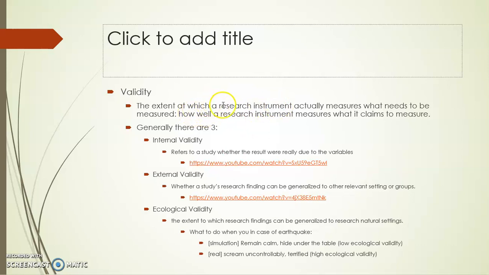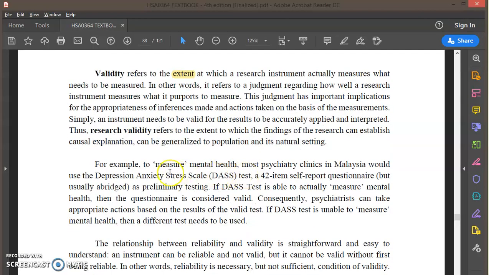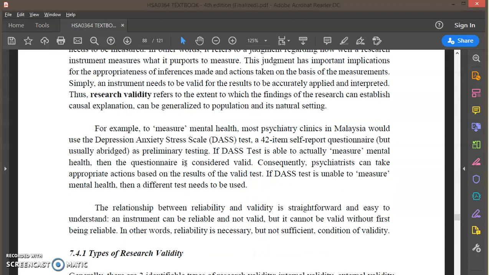Okay, the extent at which a research instrument actually measures what needs to be measured, or how well a research instrument measures what it claims to measure. Right, and then you have an example here. This example for me is a bit difficult to understand. Even I don't understand what you mean because I'm not that proficient in psychology.